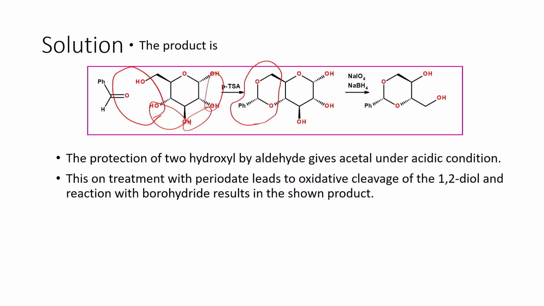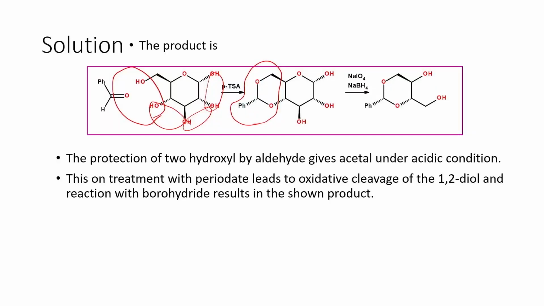Finally, we can also work out the reaction to find the actual product. Here, we only have one product where the primary hydroxyl is protected, so we can clearly assume that this is going to be the product.